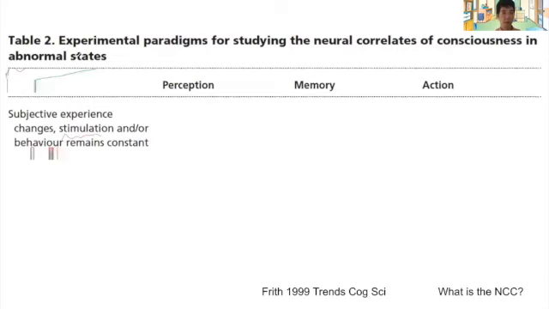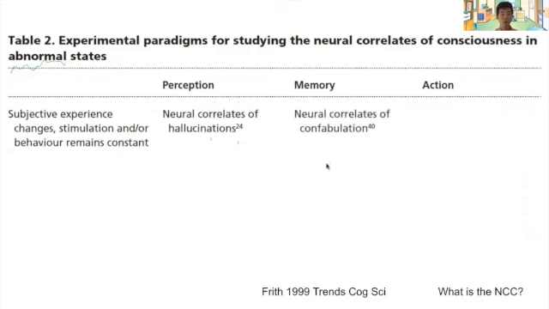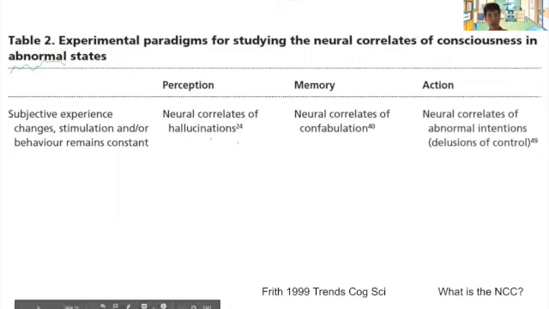And then in terms of percept, you have a situation of hallucination, as I said, and also memory, confabulation. So you don't have actual events, but you feel like you had something. Deja vu would be something like this. And then action: abnormal intentions, delusions of control.